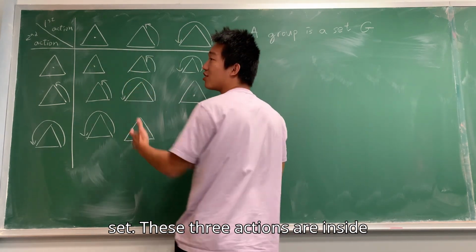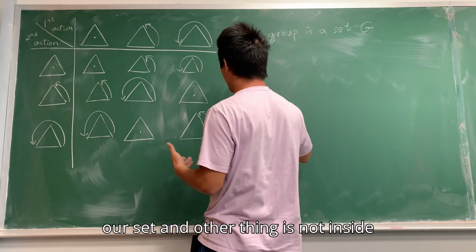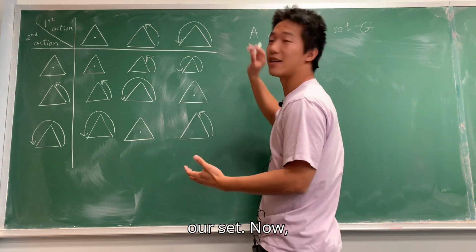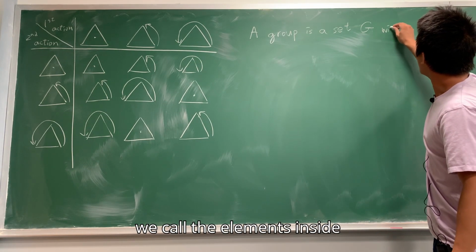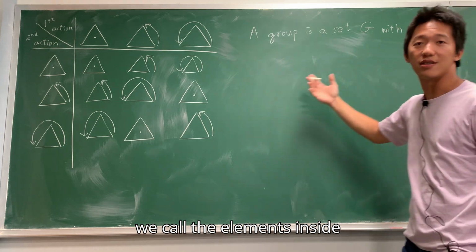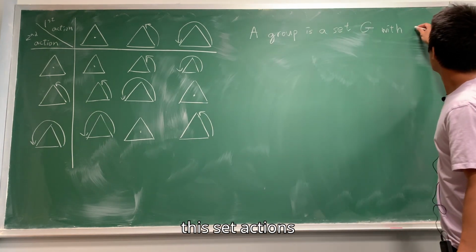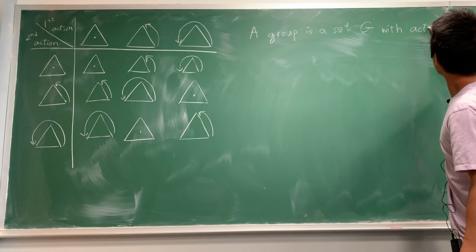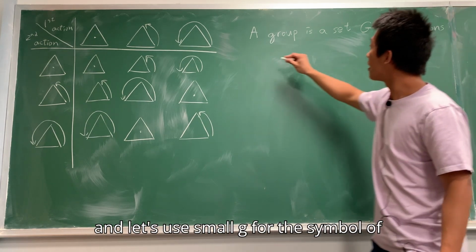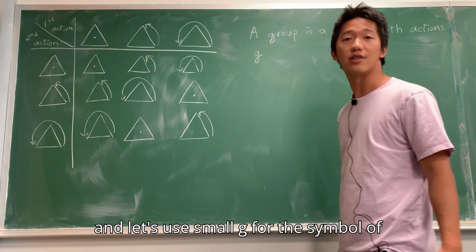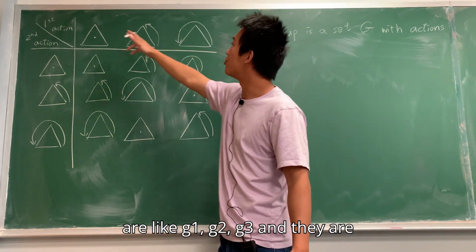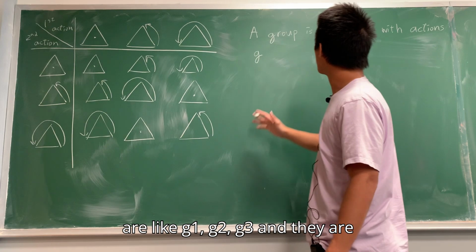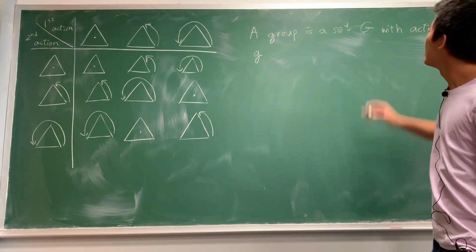These three actions are inside our set, and other things are not inside our set. Now, we call the elements inside the set actions. And let's use small g as the symbol of an action. So these three are like g1, g2, g3, and they are inside a big set G.